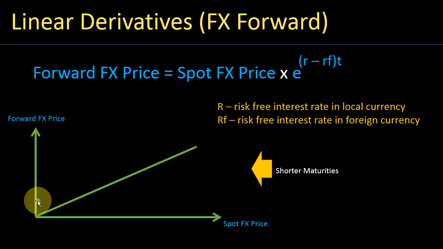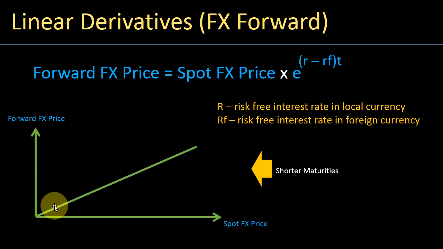So remember the term. In other words, it can be roughly approximated to the change in the spot FX price. So what we are saying is, if an FX forward has a shorter maturity, the change in the spot FX and the change in the forward FX price has a linear relationship.